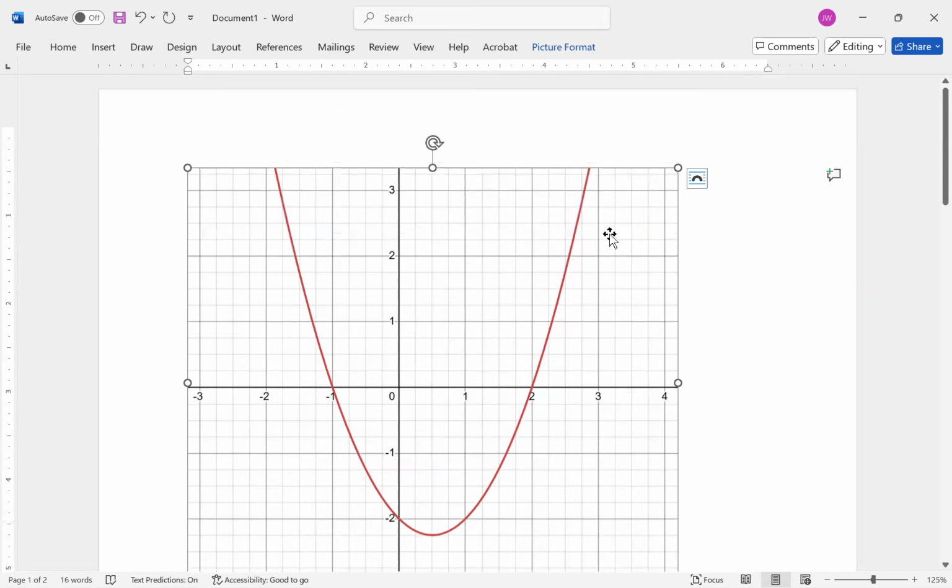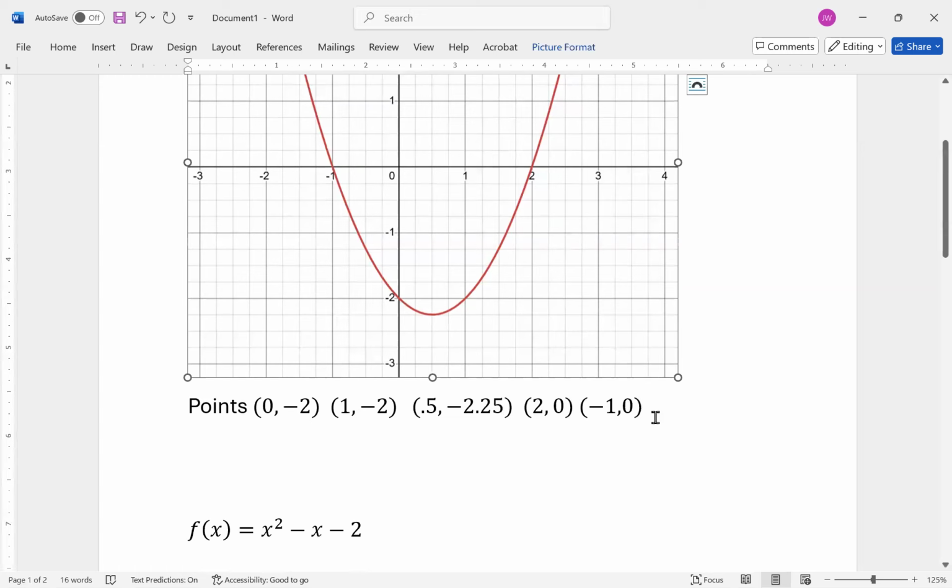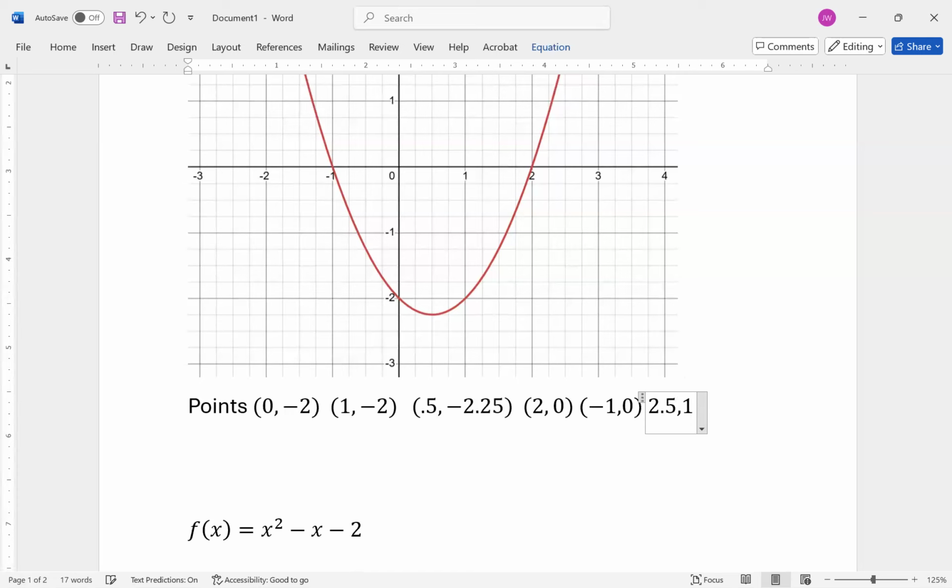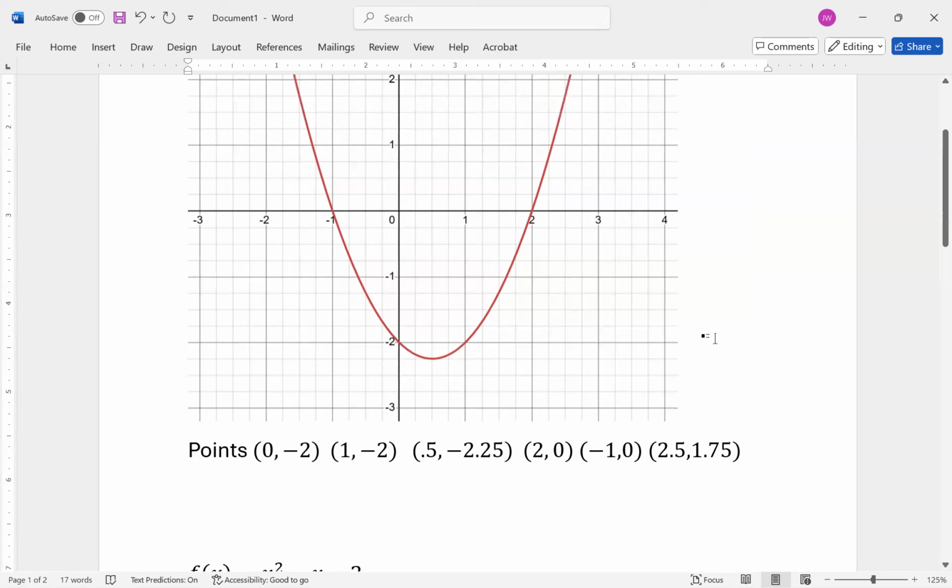And then you could look at lots and lots of others. It looks like 2.5 and then 1.75 is on the graph. That's another one, 2.5, comma 1.75. You can again check that. And so on and so forth. You can do lots and lots and lots of these examples.